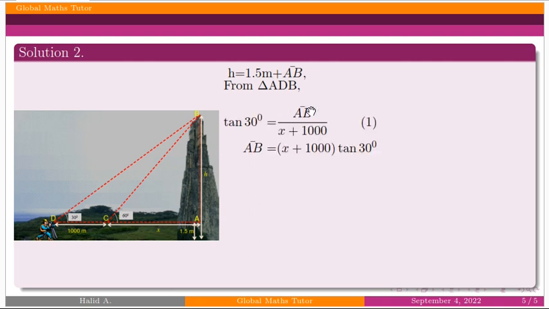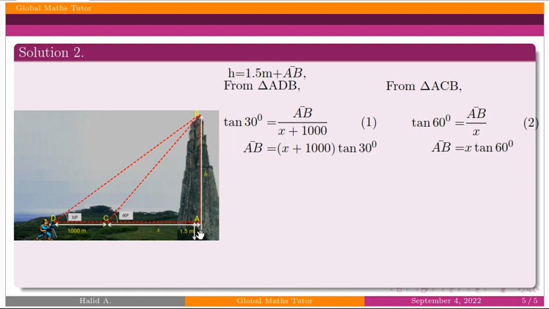So AB can be found as x plus 1000 times tan 30 degrees. For the small triangle, tan 60 degrees is AB over x. So AB can be found as x times tan 60 degrees.